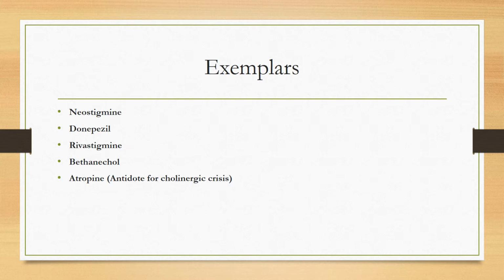So that's what you need to be concerned about when you're preparing to study for this particular unit. So you see there we've got neostigmine, donepezil, rivastigmine, bethanechol, and atropine.